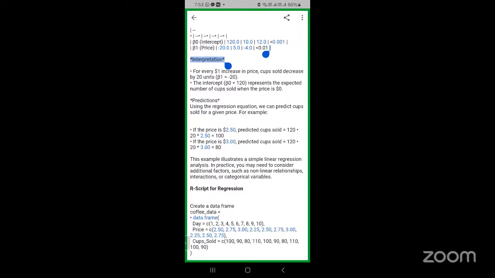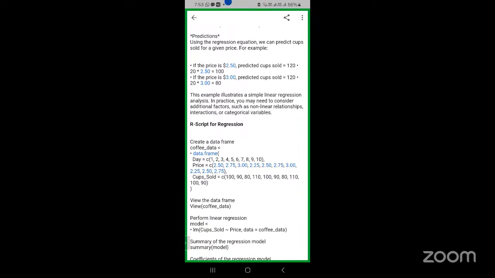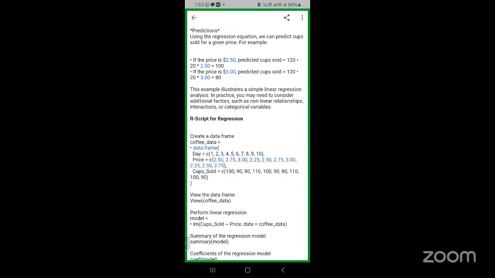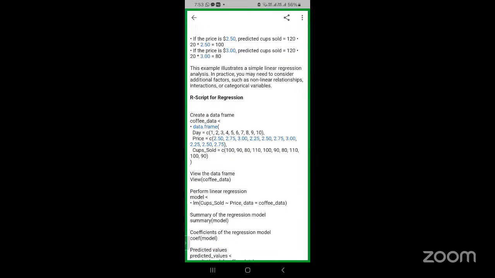And our script for regression is this. First, you have to create the data frame. Data frame includes the day and price. Third one will be the cups sold.